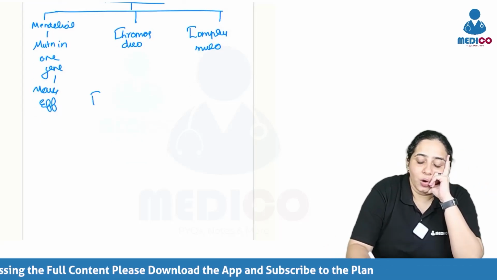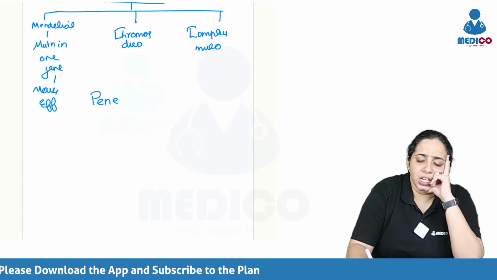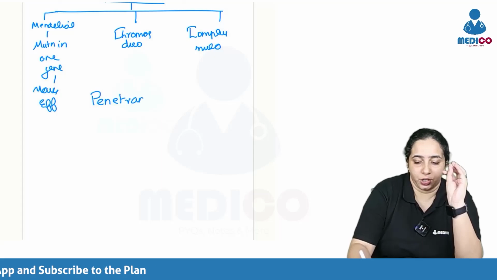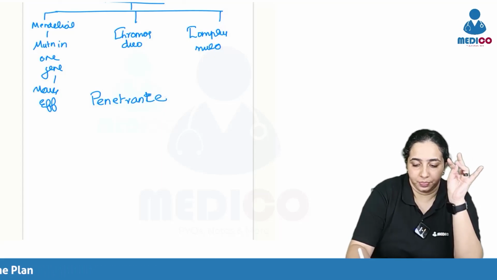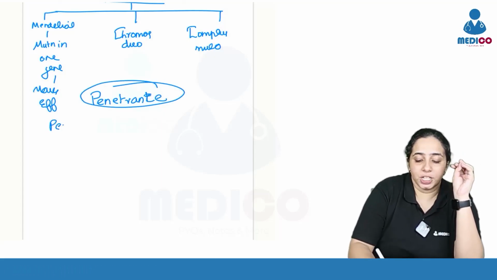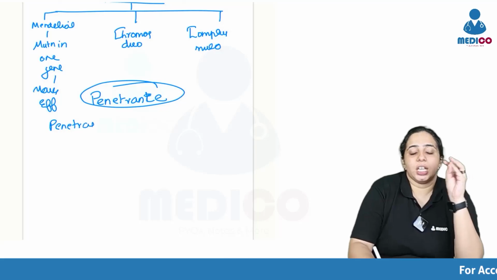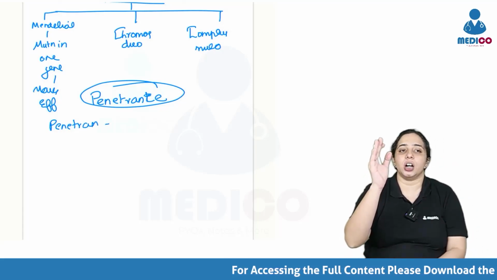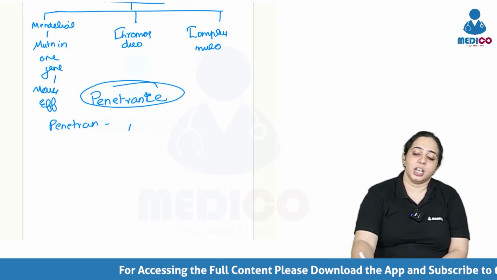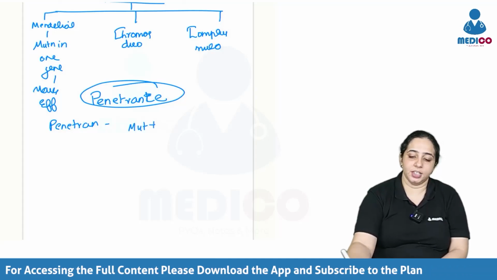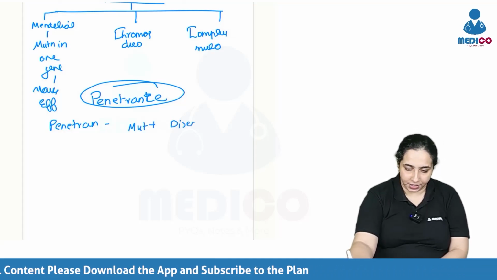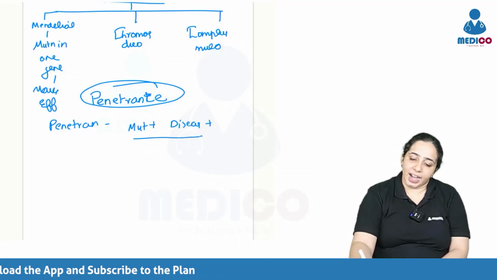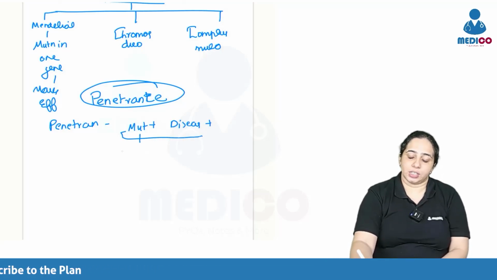So, what is the meaning of the word penetrance? Penetrance: if a mutation is present and the disease happens, that mutation is said to have a high penetrance.